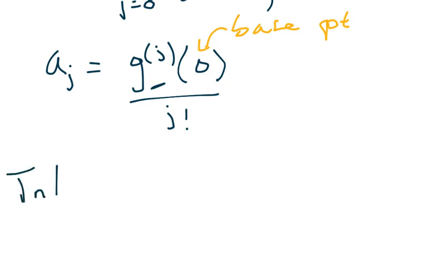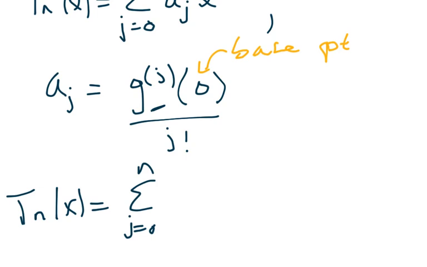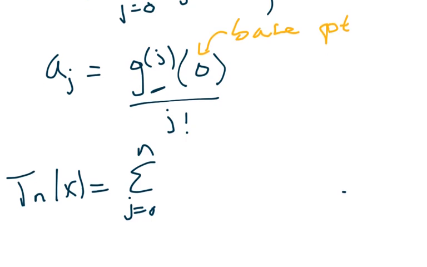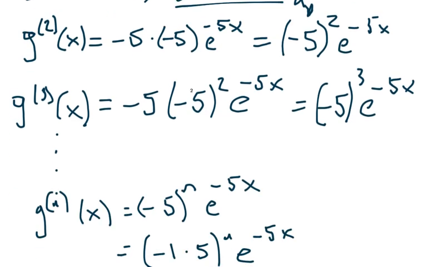So what we have is that Tn of x is equal to the sum j equals 0 to n. Well, when we plug in 0 for any of these, we just get 1, right? So what we have, minus 1 to the j, right? Is that what we found? Yep.